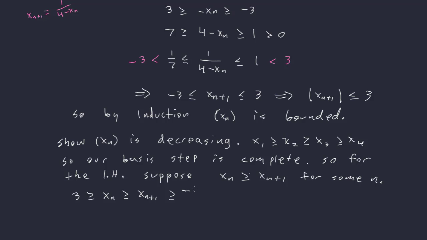I probably wasn't smart to reverse my inequalities here, but it'll work out. All right, so I can negate it all. So I have -3 is less than or equal to -xn, which is less than or equal to -xn plus 1, which is less than or equal to 3.